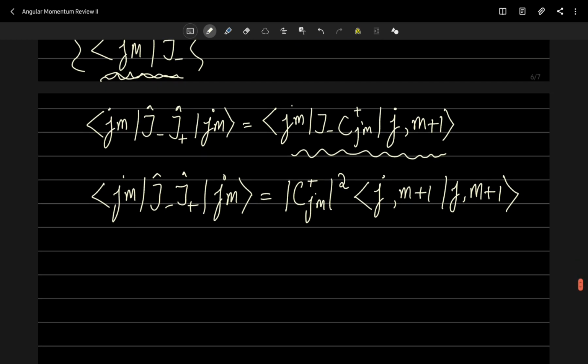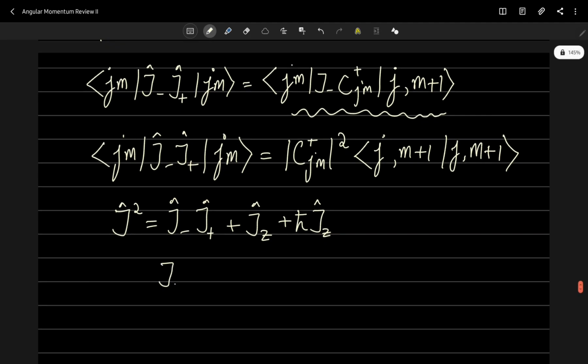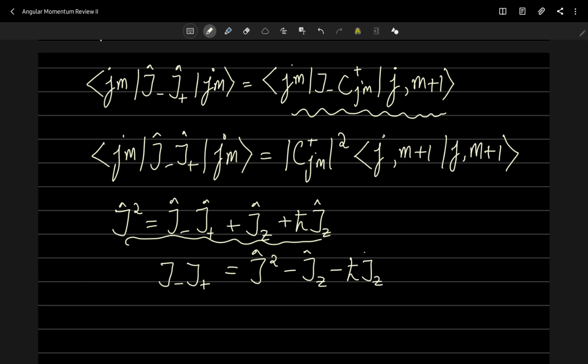Now a quick reminder: recall that J squared is J minus J plus plus Jz squared plus h bar Jz. This implies that I can write my J minus J plus from this equation, just moving terms here and there. So I could write J minus J plus as J squared minus Jz squared minus h bar Jz.